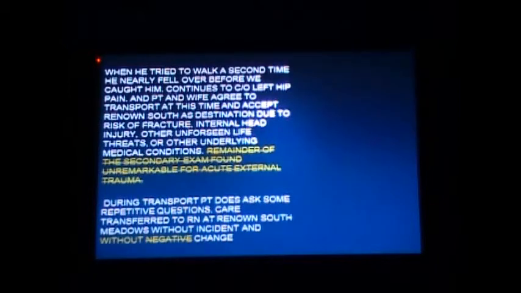Okay? Continued to complain of this left hip pain, and so on. Wife and he finally agreed that we'll go to Reno. And again, this can be put elsewhere.